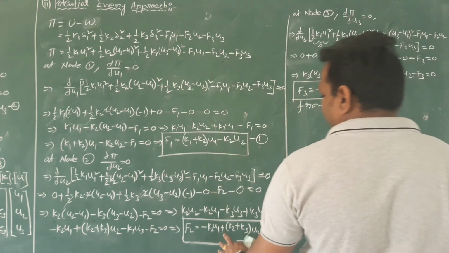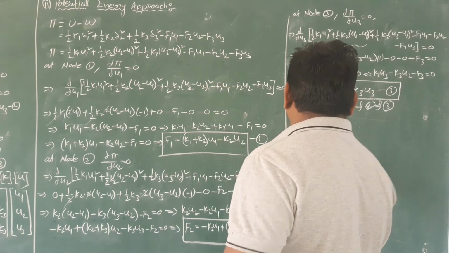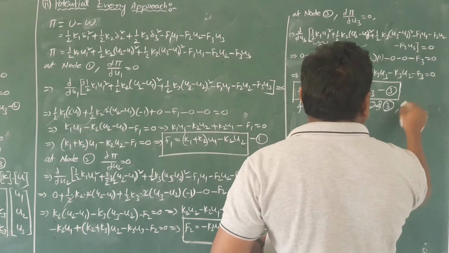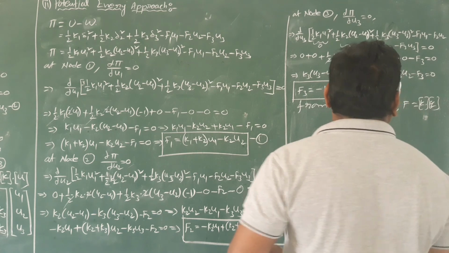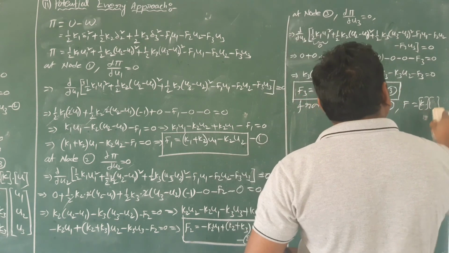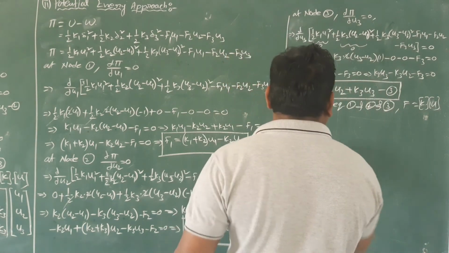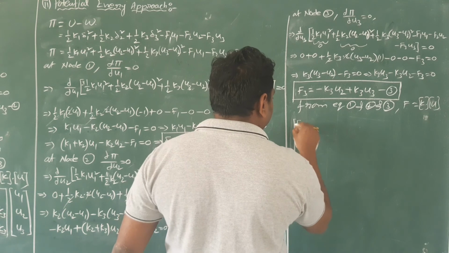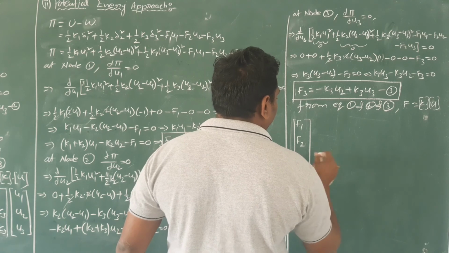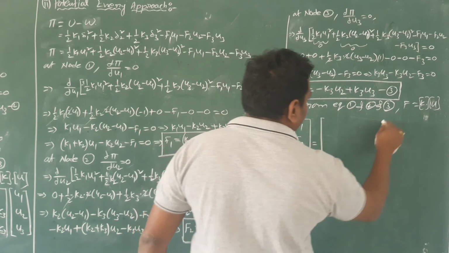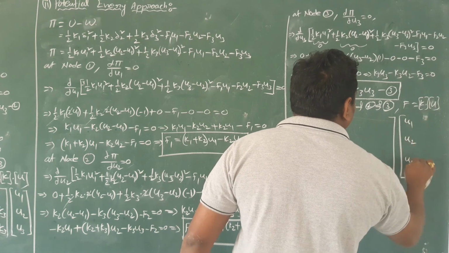Okay, so writing these three equations in matrix form, we know that f is equal to kq, that is the finite element equation. Write in order: this is f1, f2 and f3, it is equal to the stiffness matrix into u1, u2 and u3.